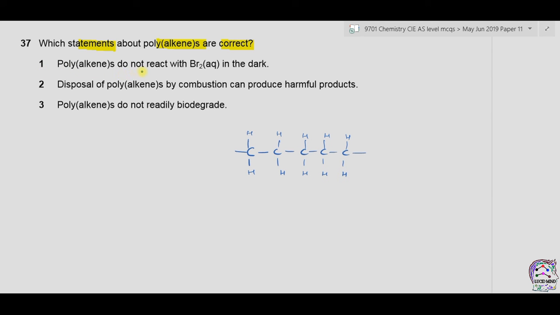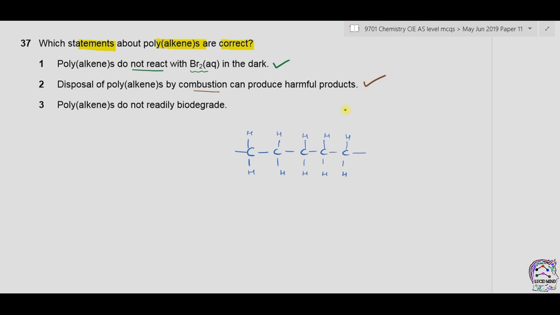Number 1, polyalkenes do not react with bromine in the dark. Now in the dark, bromine does not get converted into radicals, so therefore reaction will not occur. So this is a true statement. 2, disposal of polyalkenes by combustion can produce harmful products.